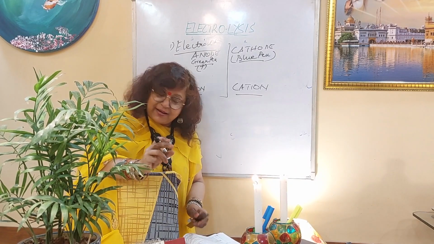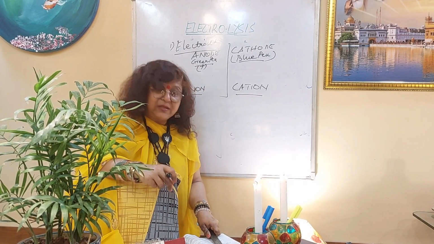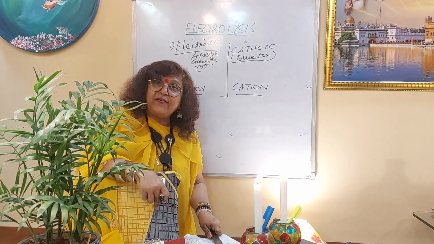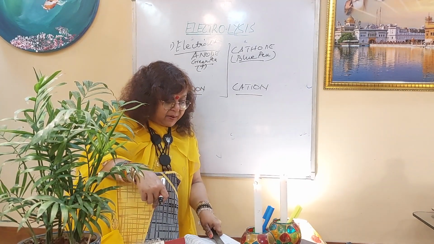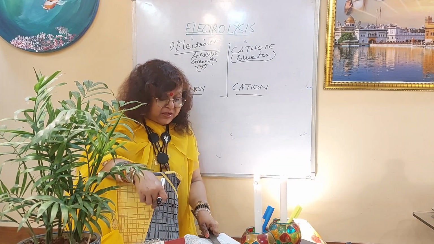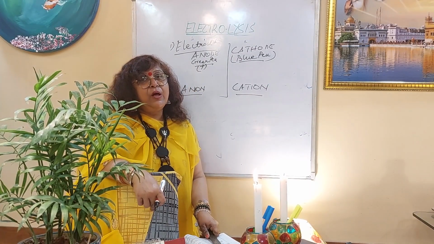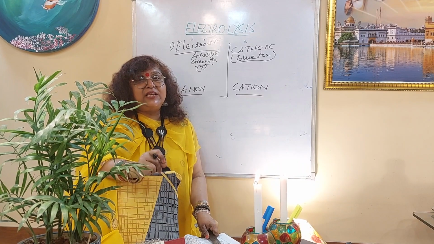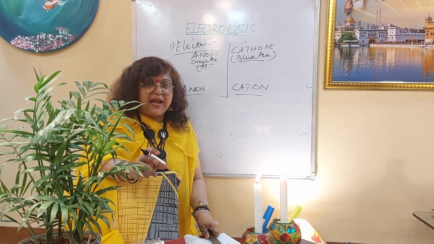The anode is the oxidizing electrode by which the electrons leave the electrolyte. The loss of electrons from an atom or an ion is called oxidation, from your previous lesson, and hence oxidation takes place at the anode. Always remember, the oxidation reaction of any electrolyte takes place at the anode.